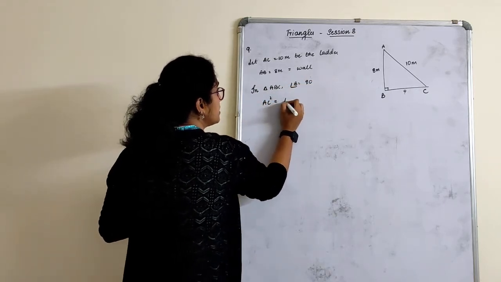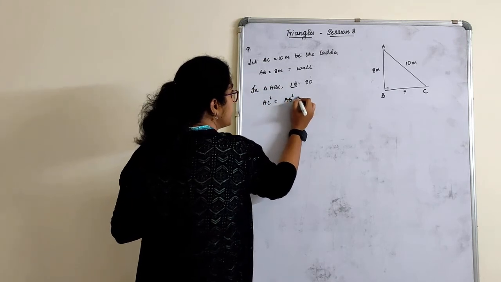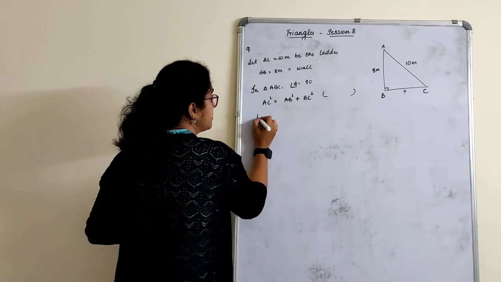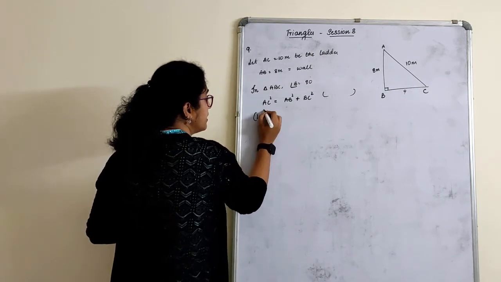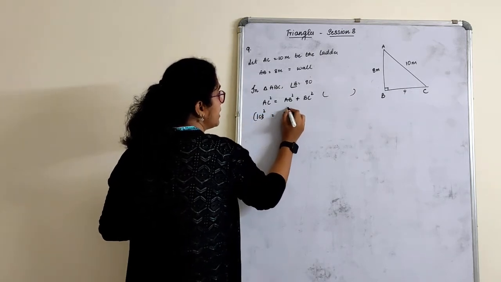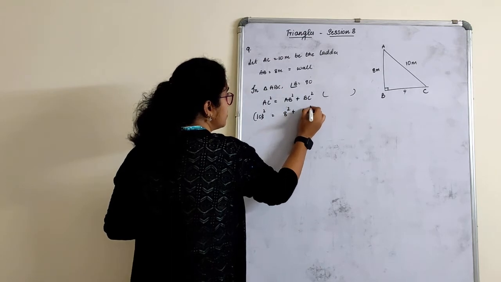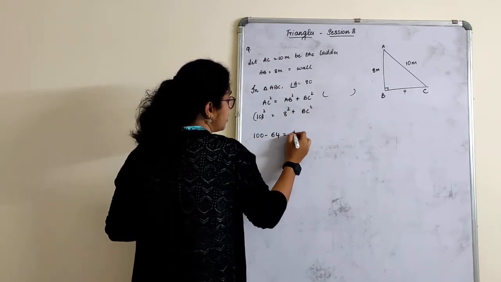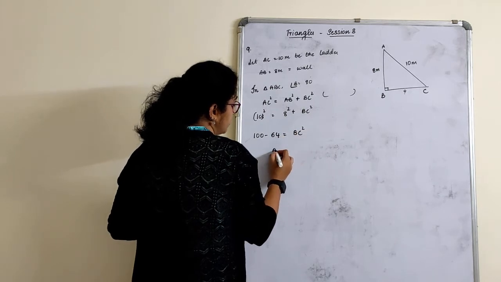AC square is equal to AB square plus BC square. Pythagoras theorem. 10 square is equal to 8 square plus BC square. 100 minus 64 is equal to BC square.